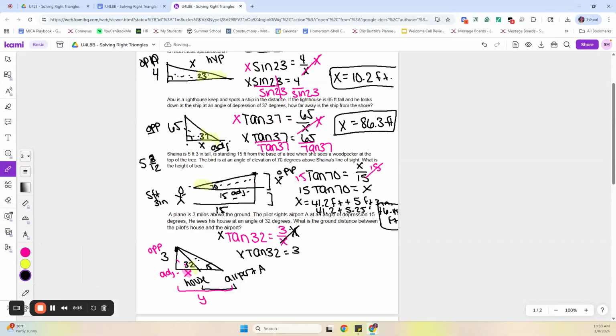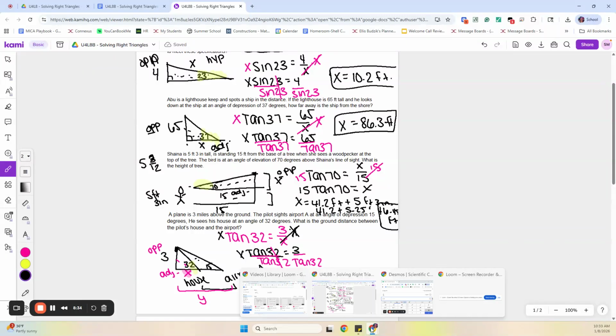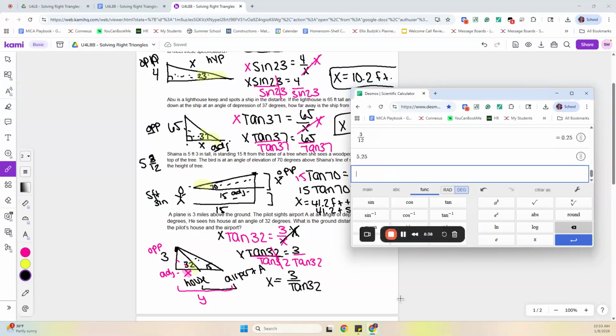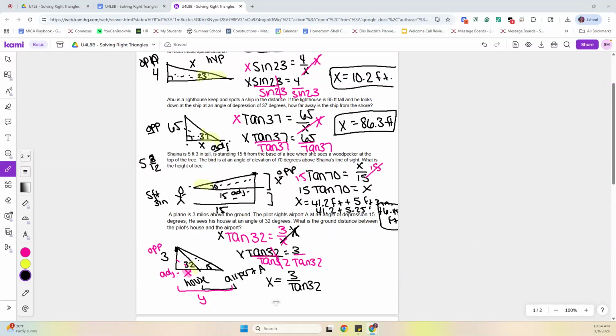And then divide by tan 32. And we get x equals 3 divided by tan 32. Which let's see what that is. So 4.8.